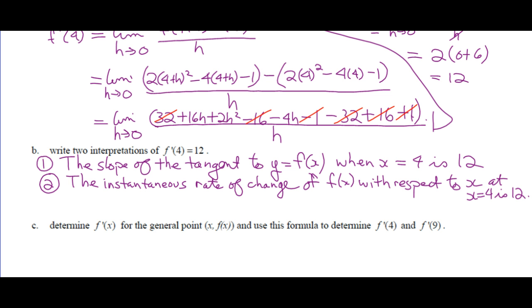We got a when, we got an at. Well, what that's saying is when x is 4, the y values are changing at 12 times the rate the x values are changing, right? That's their instantaneous rate of change.